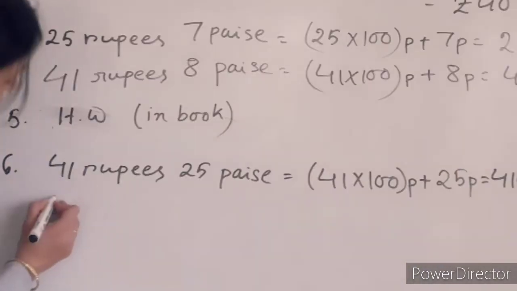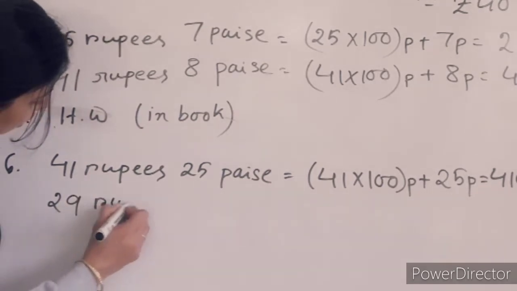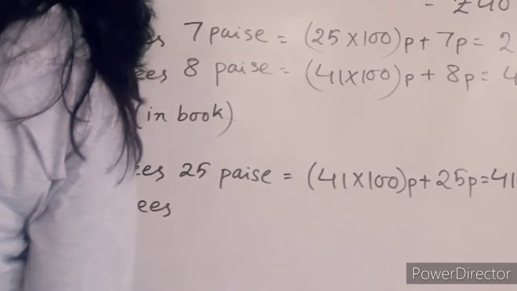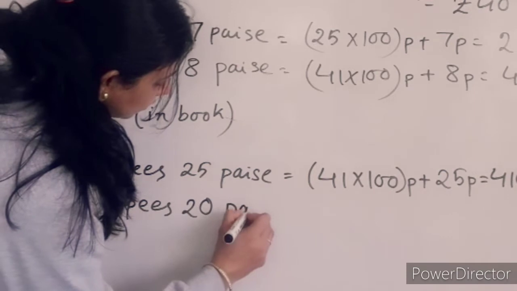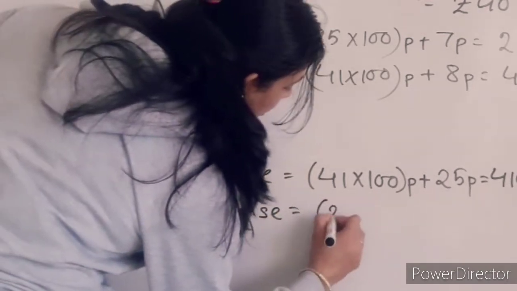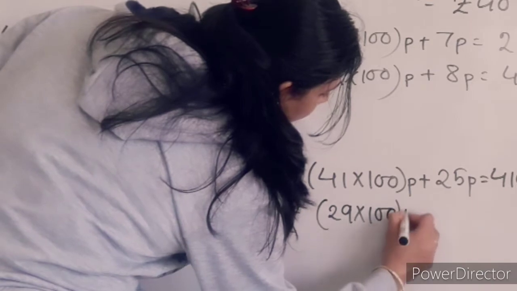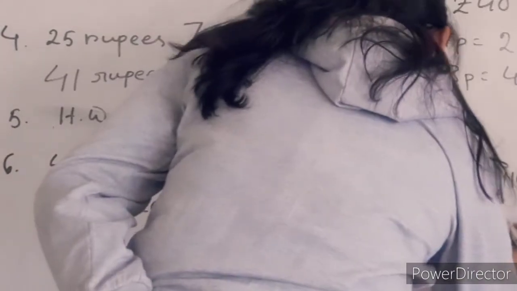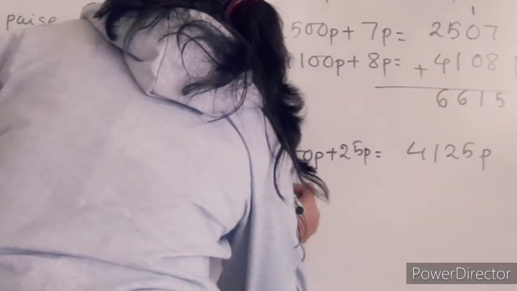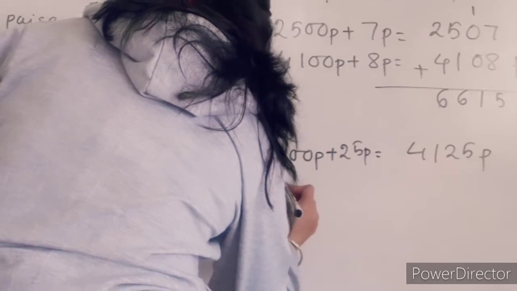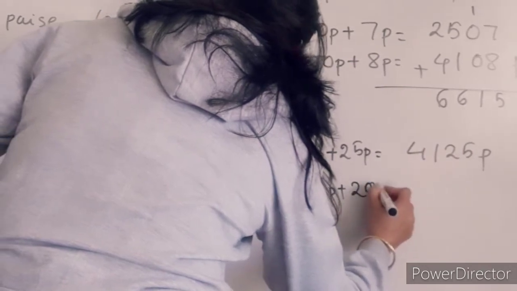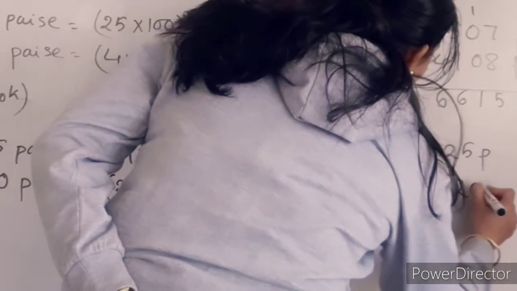Now 29 rupees 20 paise. 29 rupees 20 paise equals 29 into 100 paise plus 20 paise equals 2900 paise plus 20 paise equals 2920 paise.